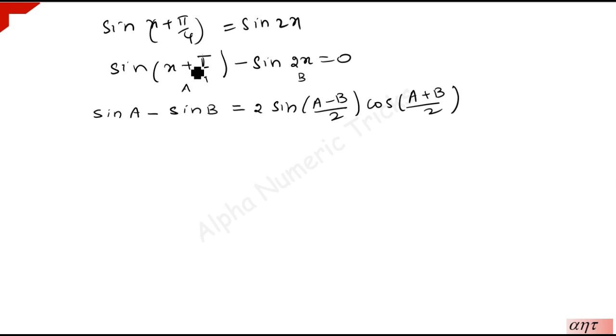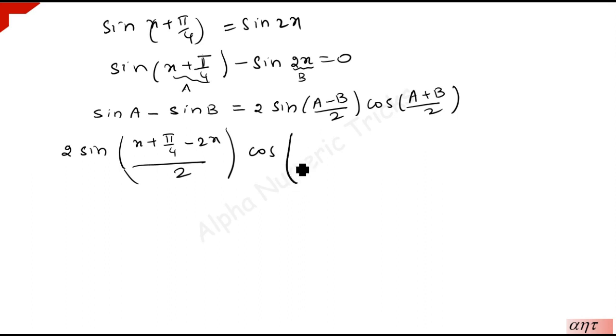Instead of a we have x plus pi by 4, and instead of b we substitute the angle 2x. So we have 2 sine of (a, which is x plus pi over 4, minus b, which is 2x) over 2, into cosine of (a, which is x plus pi over 4, plus b, which is 2x) over 2 is equal to 0.